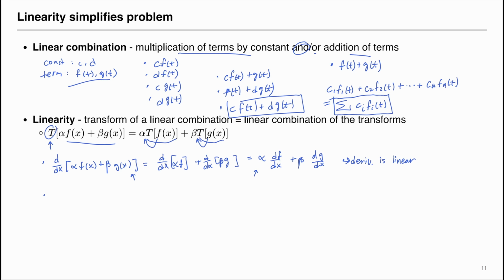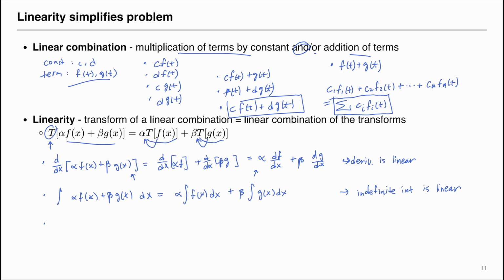Similarly, we'll also have integrals where we can integrate a linear combination dx, and we can take the constant out and then integrate each function separately. And we say that the integral, and in this case it is indefinite, integral is linear.